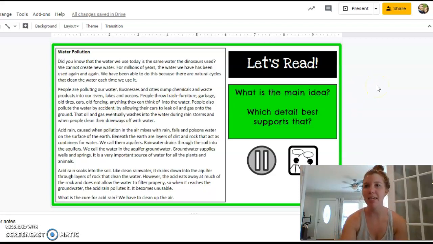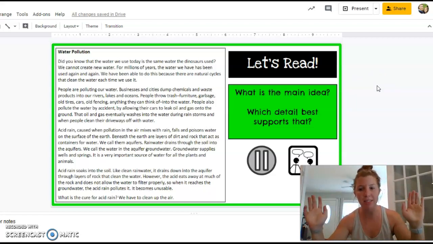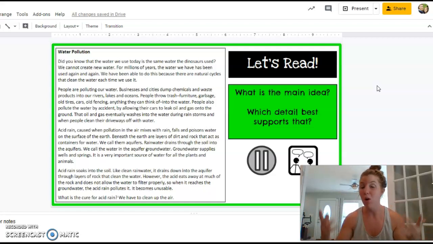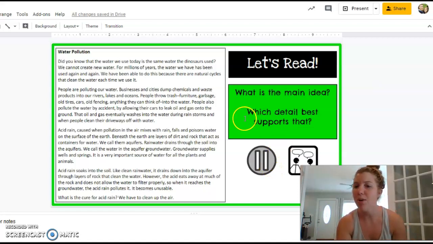So if my main idea was it's raining cats and dogs and then I say a lizard walked by, that wouldn't be a detail that supports. I need to tell why it's raining cats and dogs and something about rain, cats, and dogs. They all have to fit together kind of like a puzzle, okay? So pause your video and think about and talk about a detail that supports the main idea you chose.